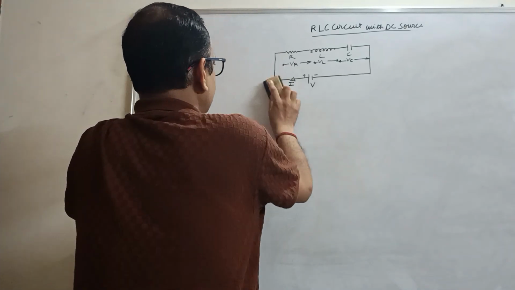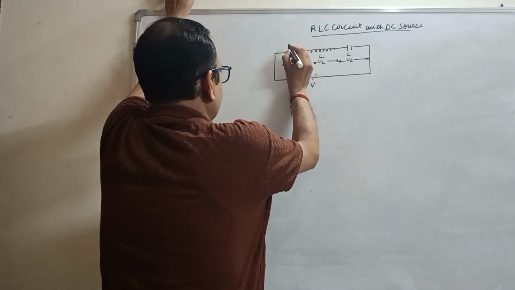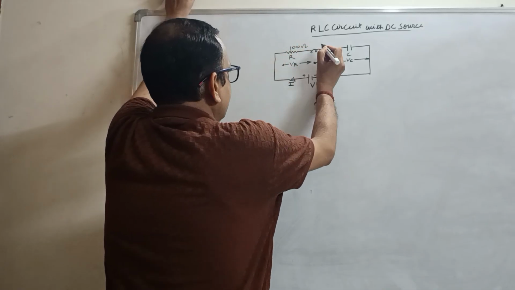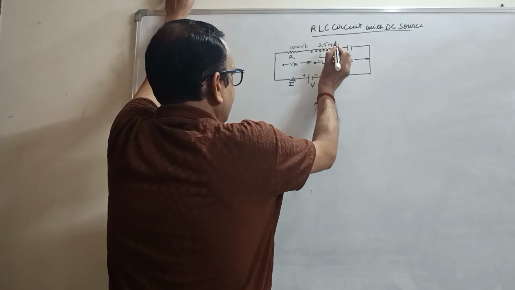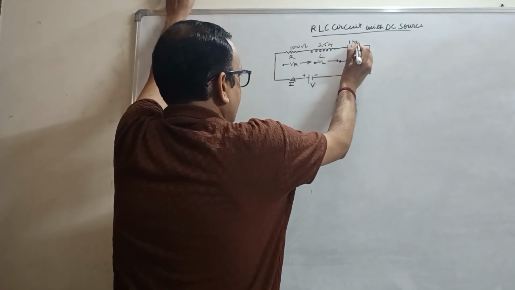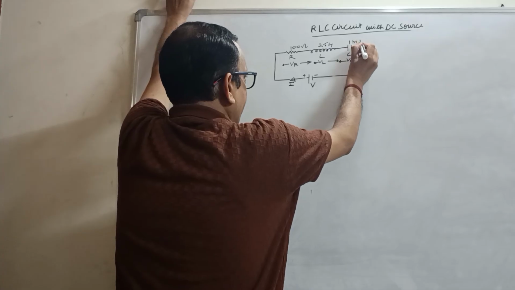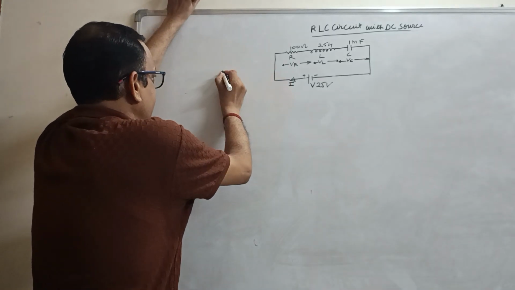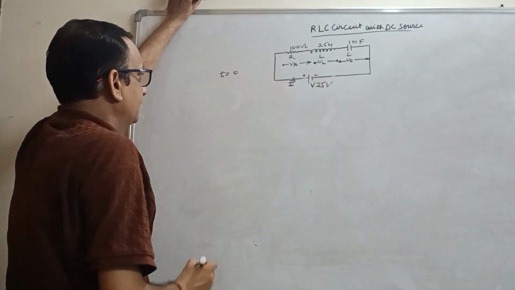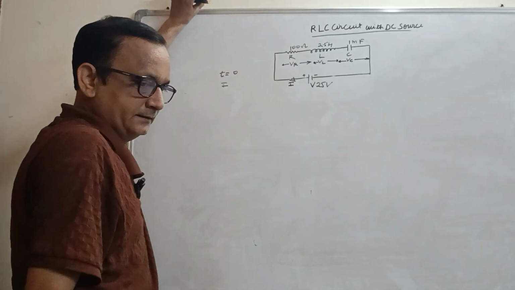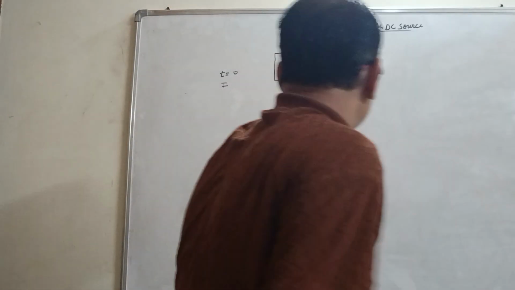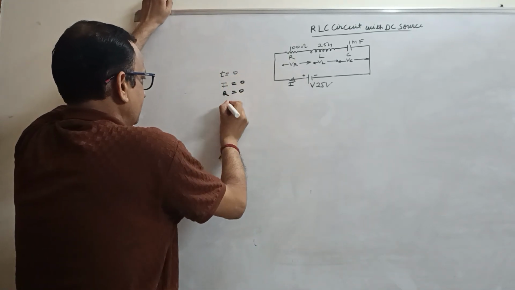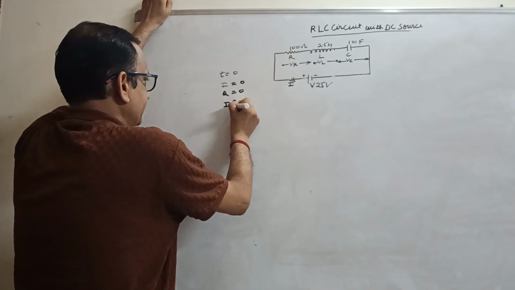Suppose the resistance is 100 ohm, inductance is 2.5 Henry, capacitance is 1 millifarad, and voltage is 25 volt. At time t equal to 0, the current in this circuit is 0 and the charge is also 0, and we have to find the current at time t.